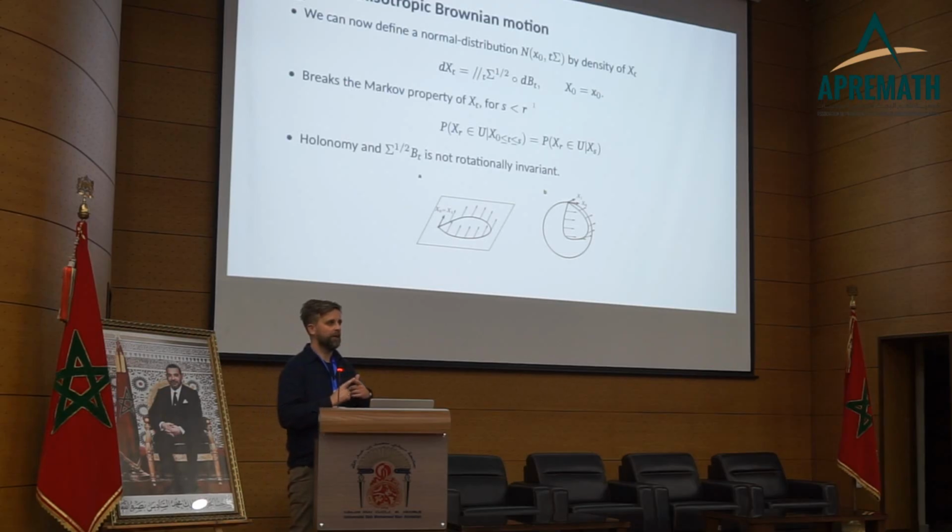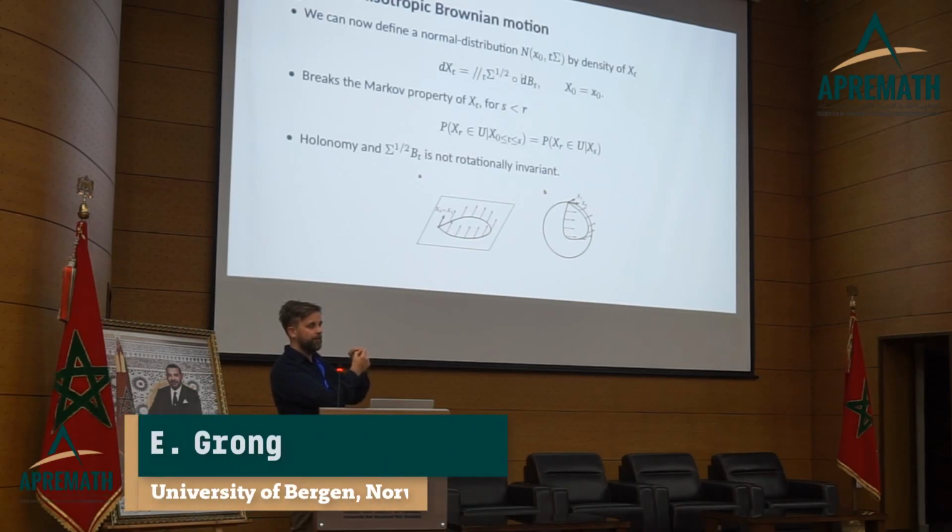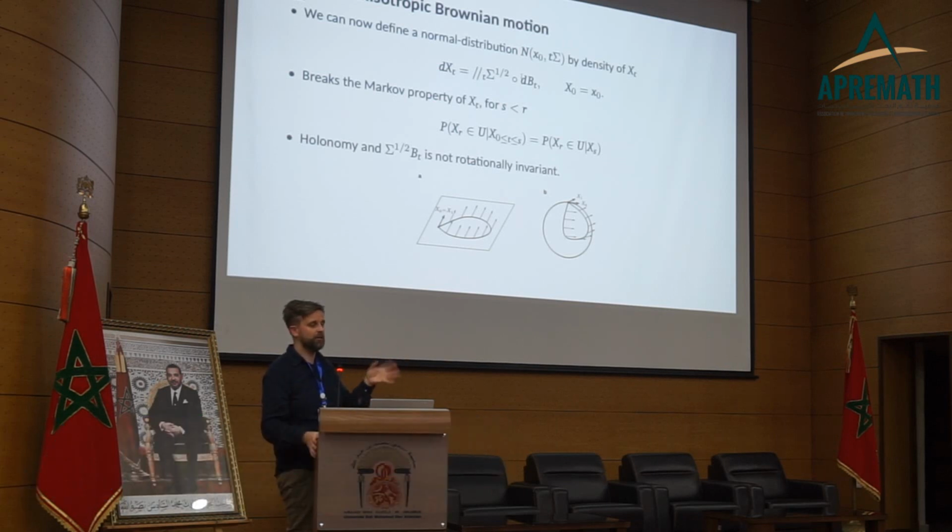If you start at some point, go around the curve and come back, did you rotate your vector field, or did it stay still? For the original Brownian motion, we also have this problem that if you rotate it around the loop, it may come back rotated. But the point about Brownian motion is that it's rotationally invariant.